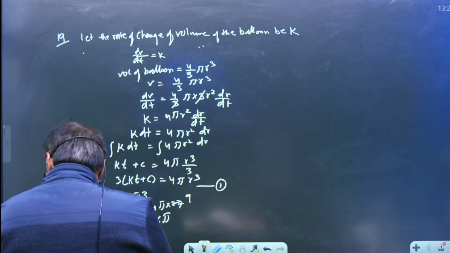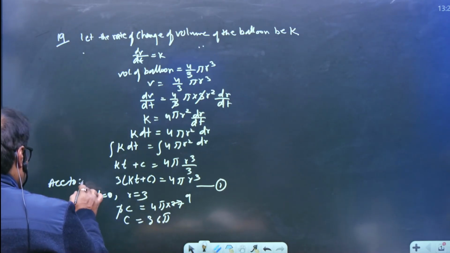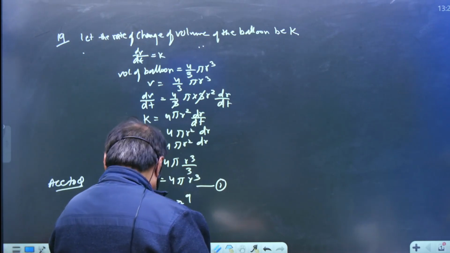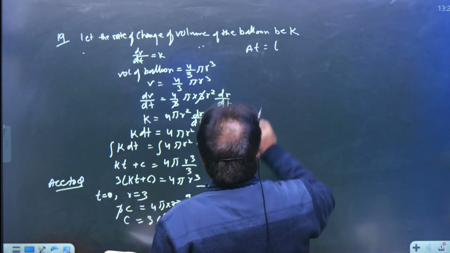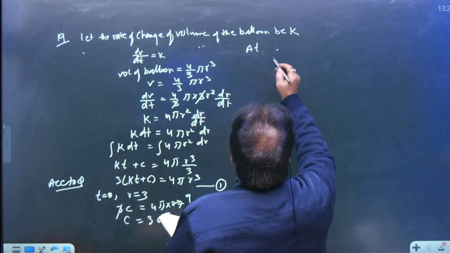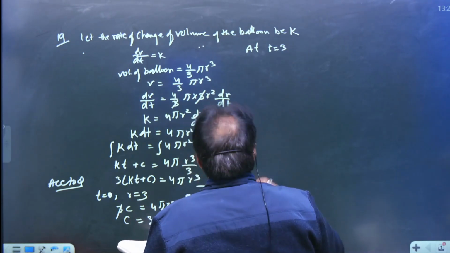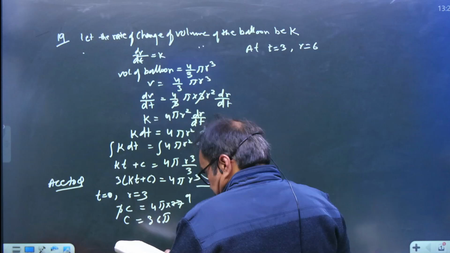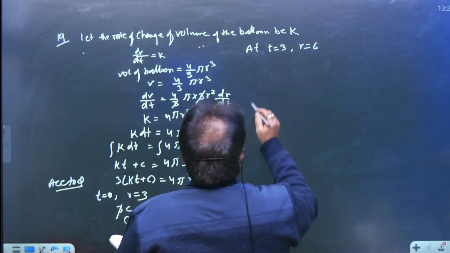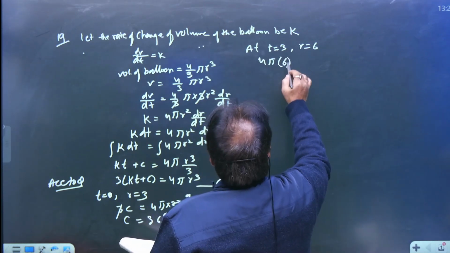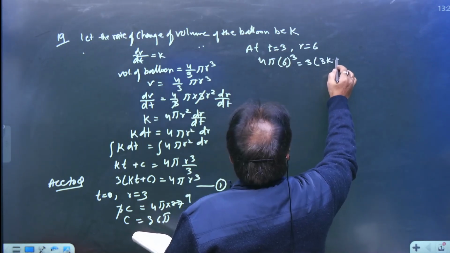Okay, and after t seconds, this is according to the question. And another condition says at t is equal to 3, radius becomes 6, r is equal to 6, then this will be equal to 4 pi 6 to the power 3 is equal to 3 into (3k plus c).